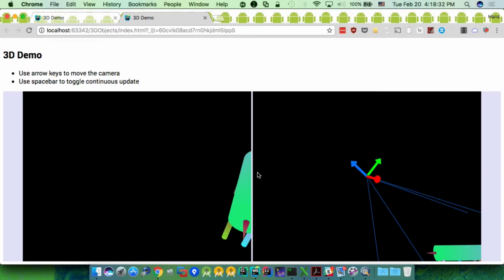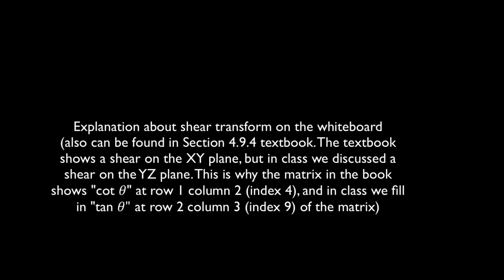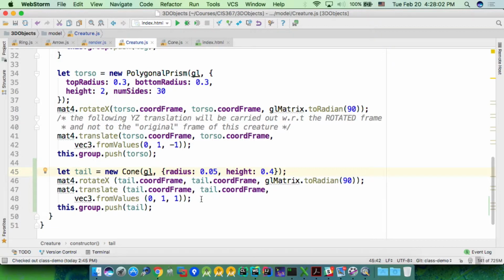Okay, so now we can apply a shear transform. So how do we apply a shear transform? Now I can create a new matrix. I call it shear, maybe tail shear.